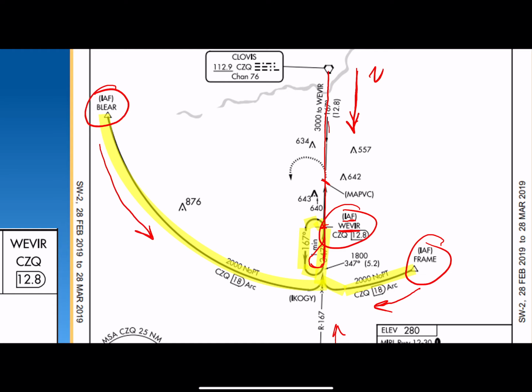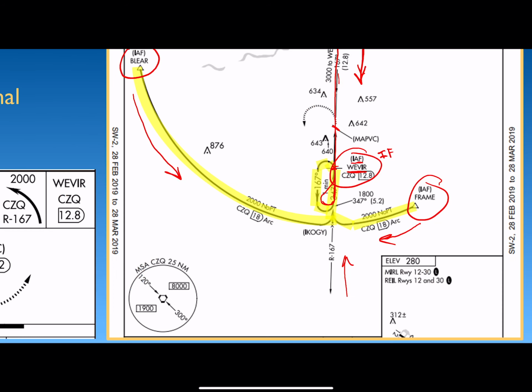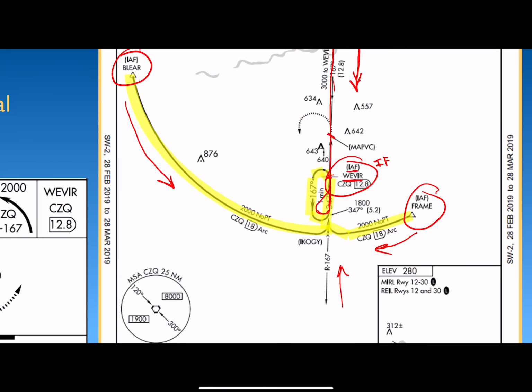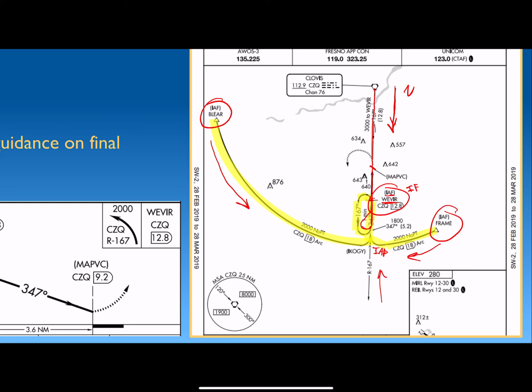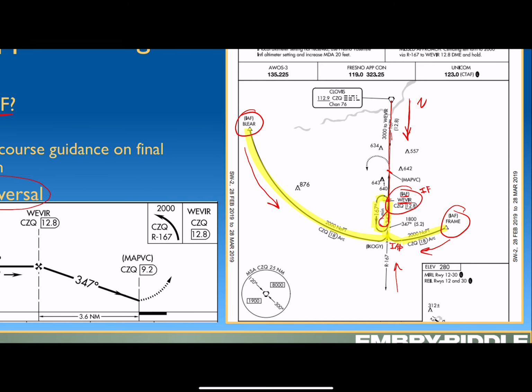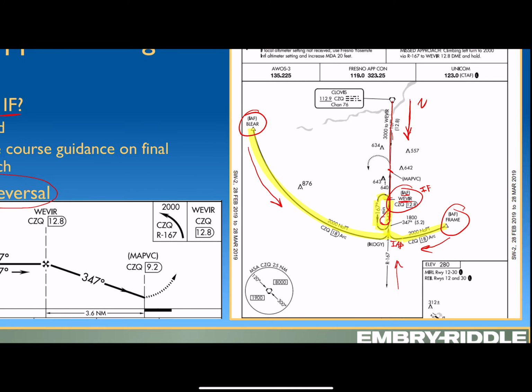So that's why the IAF in this spot can also be considered the IF. Or if I had come from the south, I guess you consider Ikogi your initial approach fix in some ways, and then Weaver would be your initial fix. So it really is dependent on how the approach is set up.